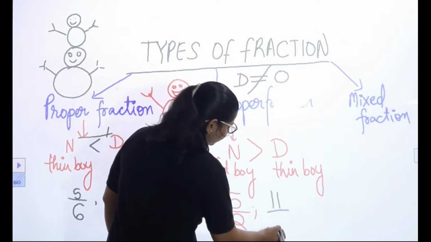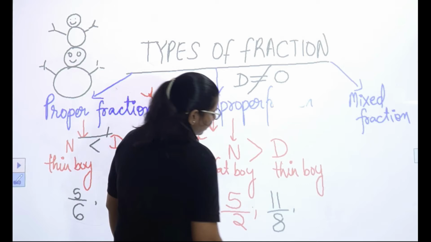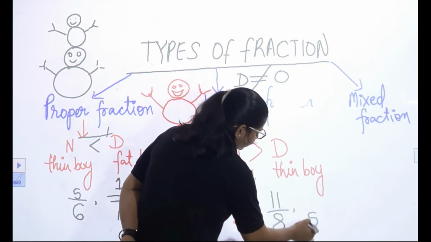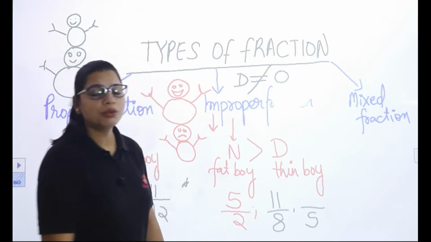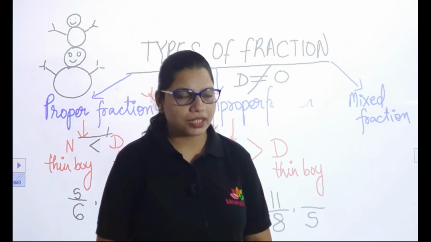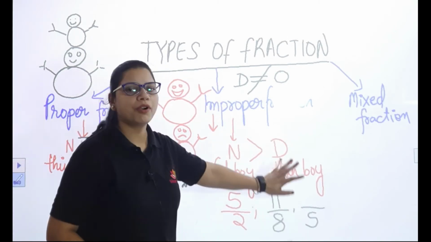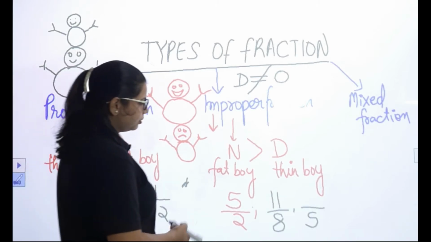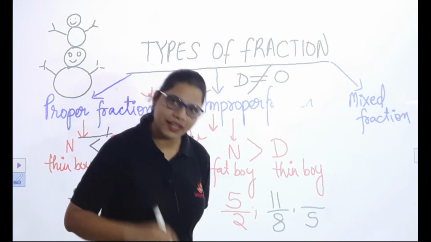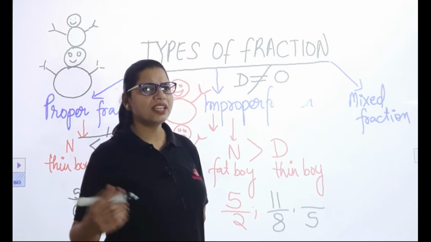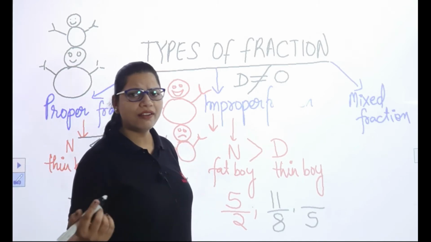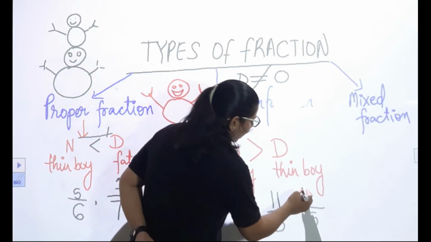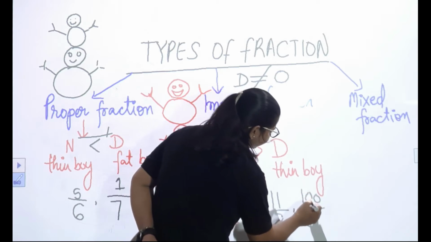Let's say the denominator is 5, then what could be the numerator? What could be the numerator to make it an improper fraction? Think and let me know. Yes, it will be bigger than 5. So we can take 7, 6, 12, 11, 20, 90. I'll be taking 100.